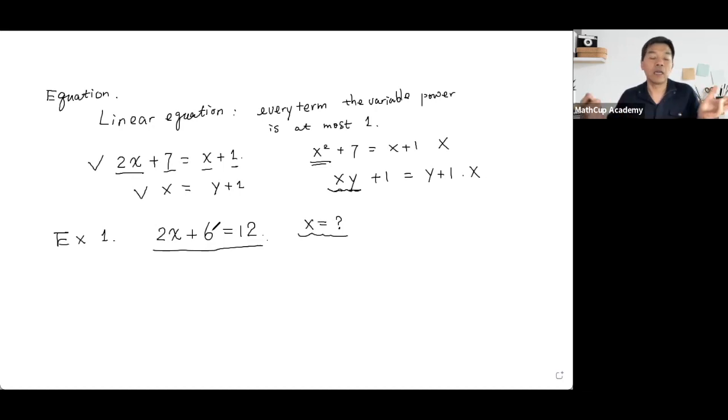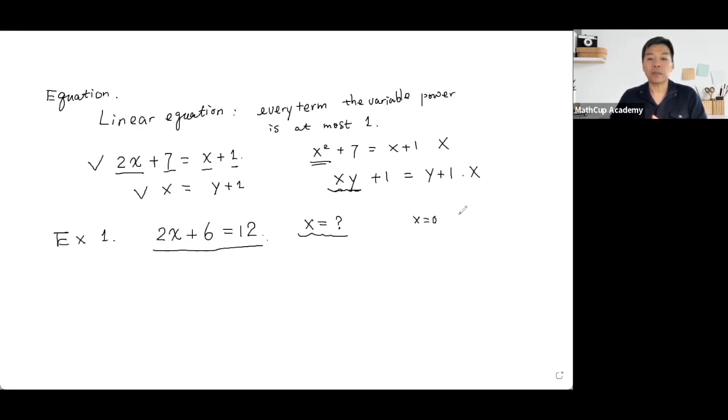Now, a very basic approach is, let's try different values of x, right? Let's say x equals 0, then 2 times 0 plus 6 is 6, so this is not equal to 12.